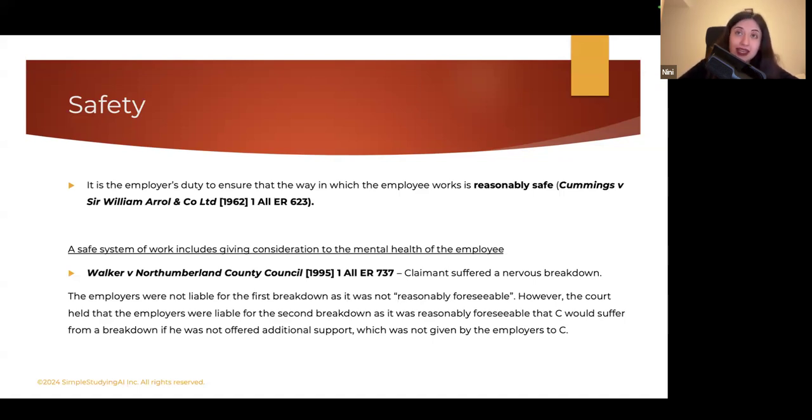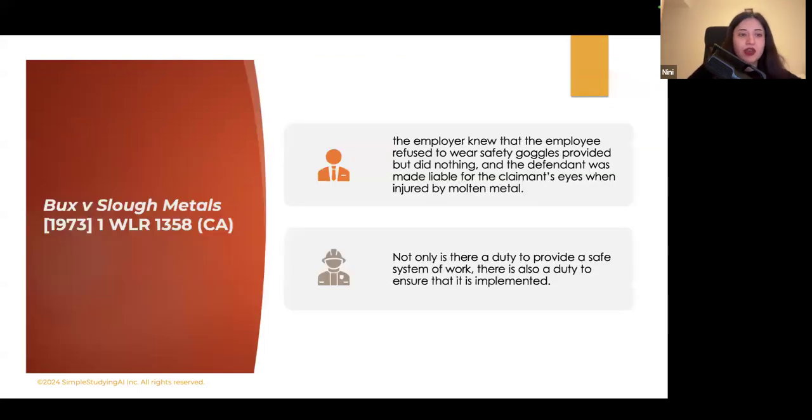But the second time it happened, the employer was liable, because they knew that the employee might suffer another nervous breakdown if they did not change anything in the employee's workload. They had to make the employee work less and do less stressful work. So the employer was liable for the second nervous breakdown.